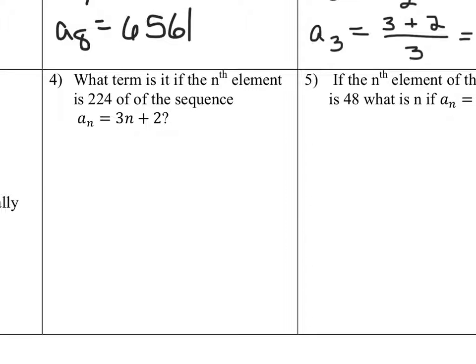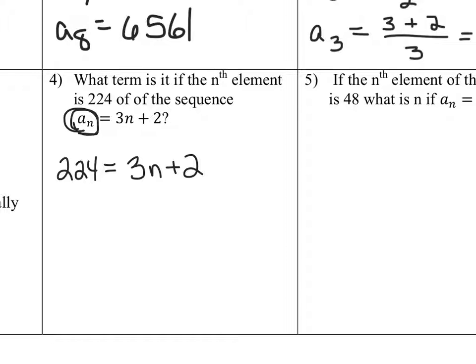All good. So what term is it if the nth term is given? So this is using it backwards. Instead of giving you x, I'm giving you y. Pretty straightforward. So we're giving you the entire term value. If the nth element is 224, okay, so I don't know what n is, though.